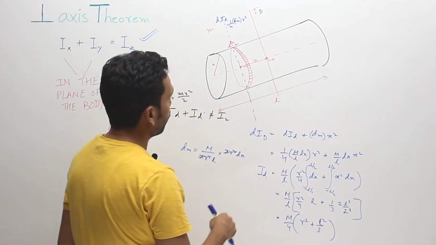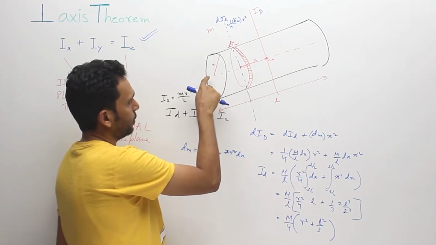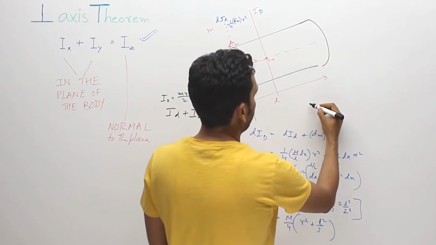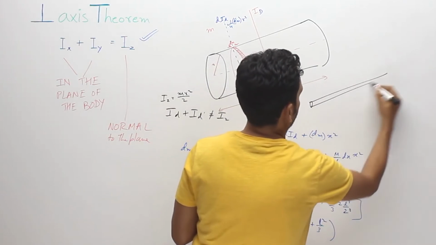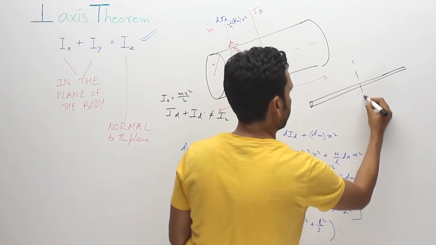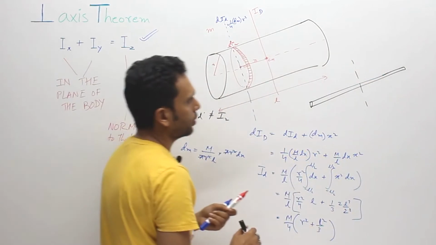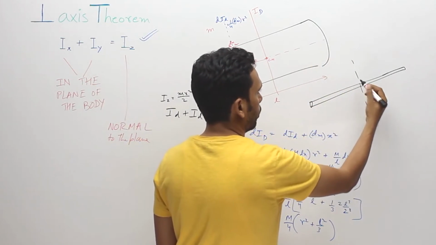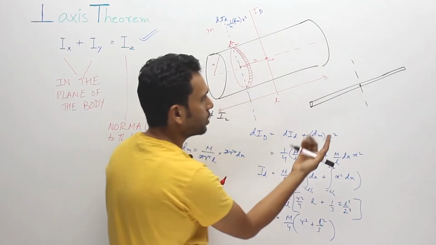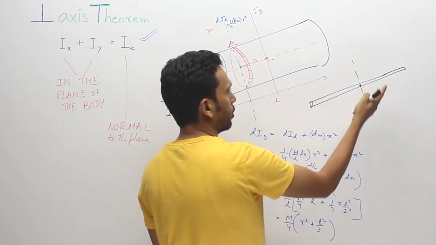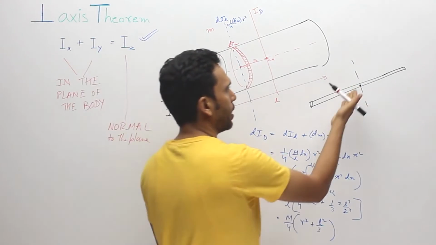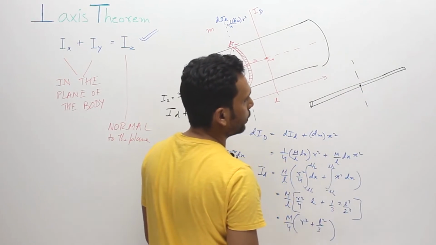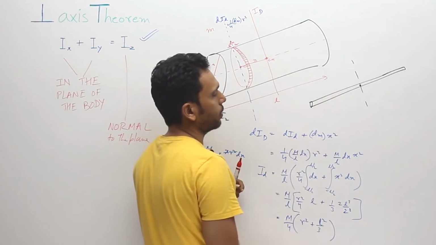So a cross check would be if the radius was very small compared to the length, the question looks like a thin rod, and your I across the center of mass of the thin rod, we never cared whether it is going through the diameter of the cross section or not, because it was so thin that the cross section was assumed to be a point thickness itself.